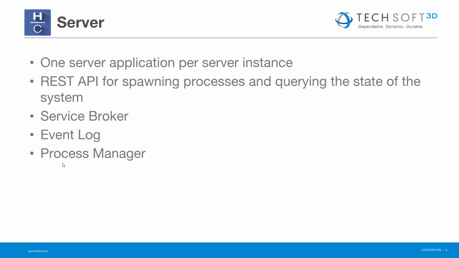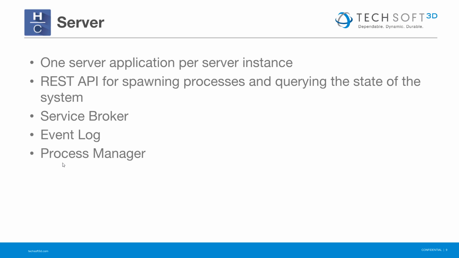If for whatever reason a process crashes, we can detect that, and that'll be noted in the event log. So basically, if you're having problems, you're going to want to look at the event log to see what's going on. And finally, we have the process manager, and the process manager is responsible for keeping an eye on these streaming processes that we've launched to make sure that they're in a healthy state. So if things go awry or something crashes, the process manager will be the one to detect that.